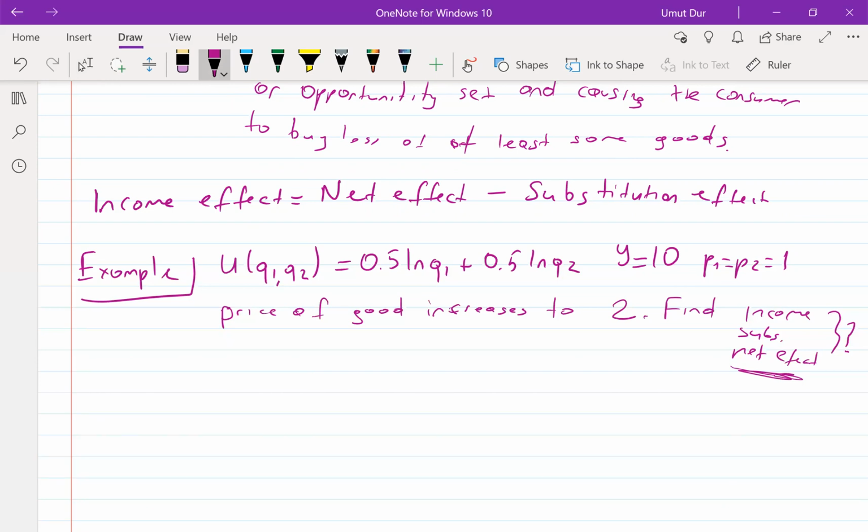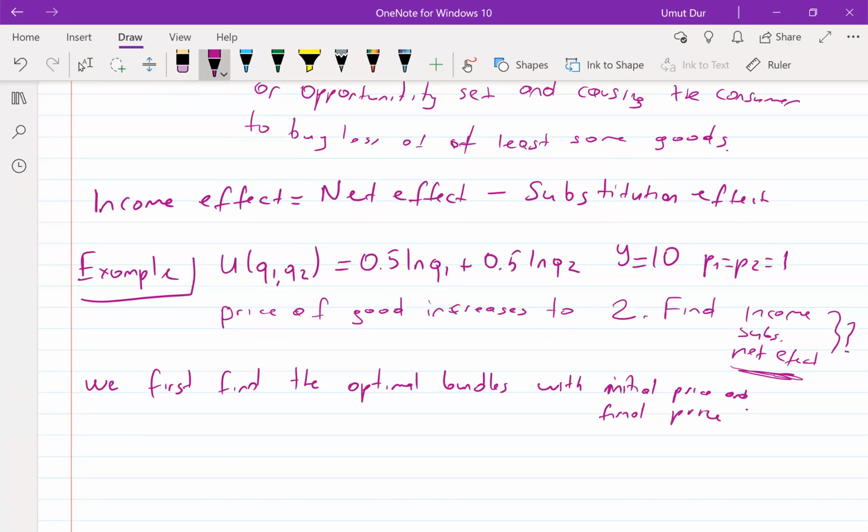Which means that we will first find the optimum bundles with the initial price and the final price, and this will give us the net effect.